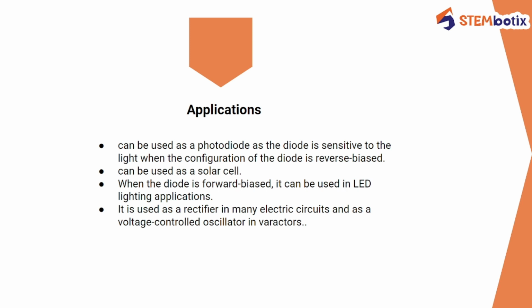They are also used as solar cells. When the diode is forward biased, it can be used in LEDs for lighting applications. It is also used as a rectifier in many electric circuits, and as a voltage controlled oscillator in varactors. So these were the applications of the PN junction diode.